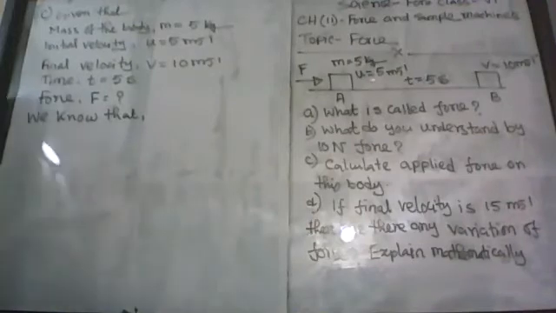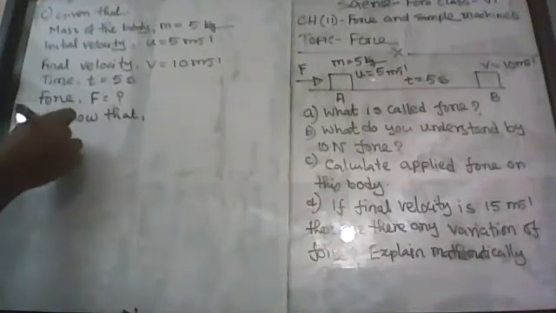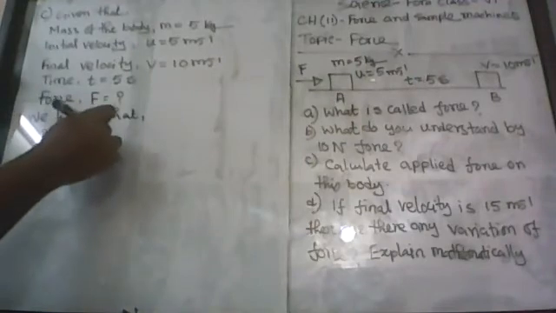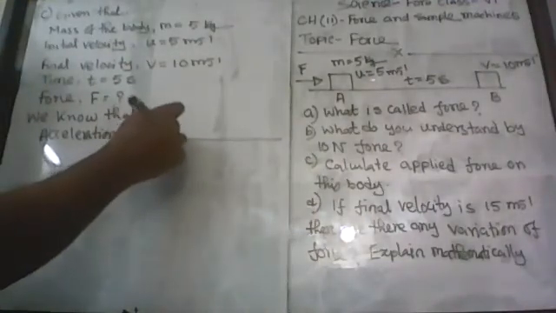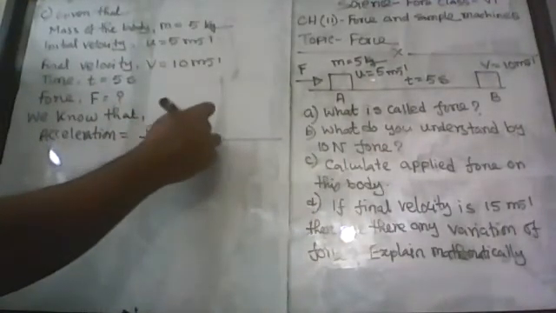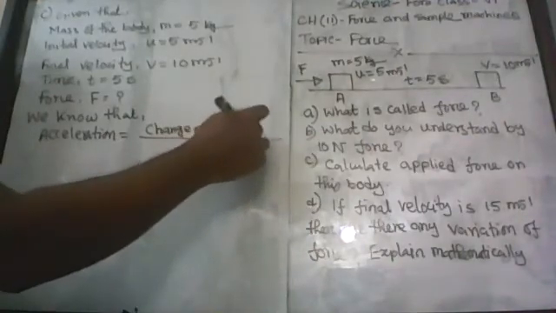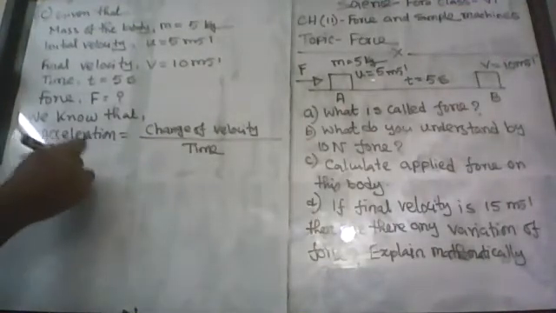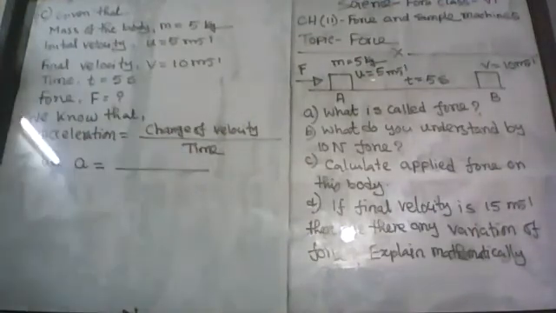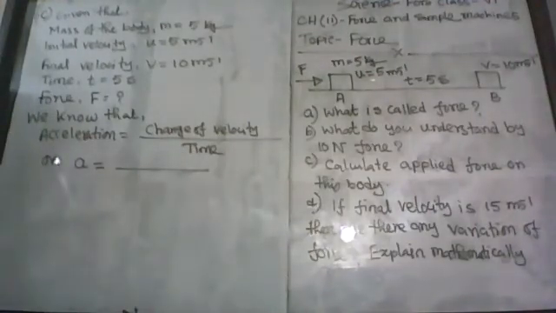So we know that acceleration will equal to change of velocity by time. Now, boys and girls, acceleration equal to A, and change of velocity is nothing but v minus u, because v is the final velocity and u is the initial velocity.